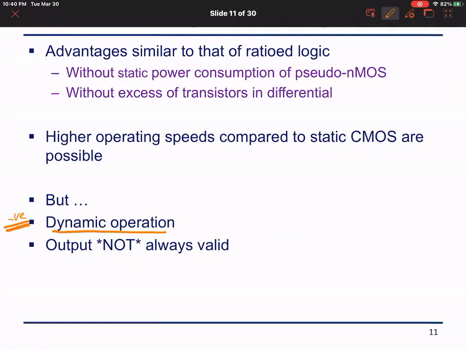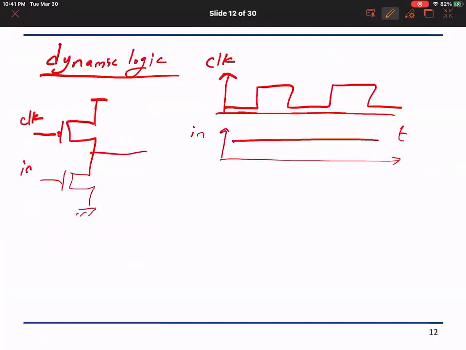However, the advantages, in addition to those of the ratio logic, where I have only an NMOS logic block, are that I do not have any static power consumption, and also I don't have an excess number of transistors, as was the case in the differential amplifier. So this allows me to have faster operation because I'm not loading my signals. These circuits are typically preferred in the critical path. If I have a critical path where I want to enhance the delay, I apply such circuits.